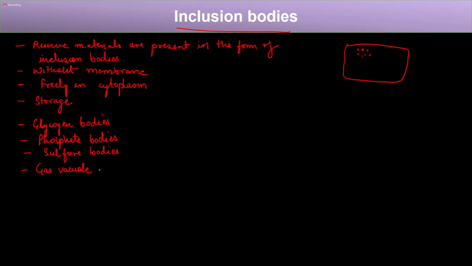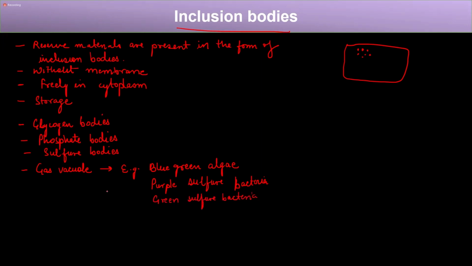This inclusion body is present in certain bacteria such as blue-green algae, purple sulfur bacteria, and green sulfur bacteria. So these are the bacteria that consist of gas vacuoles as the inclusion body.